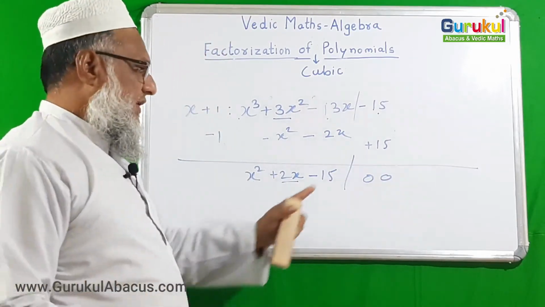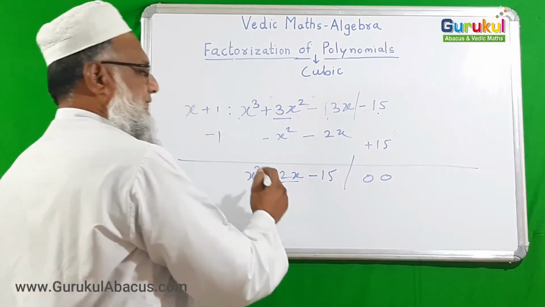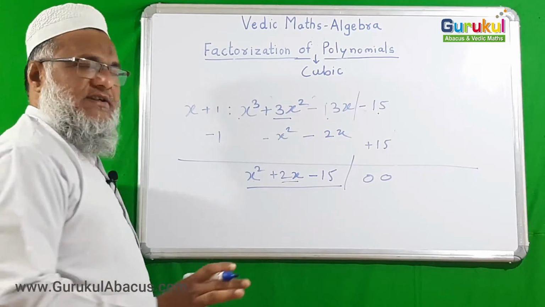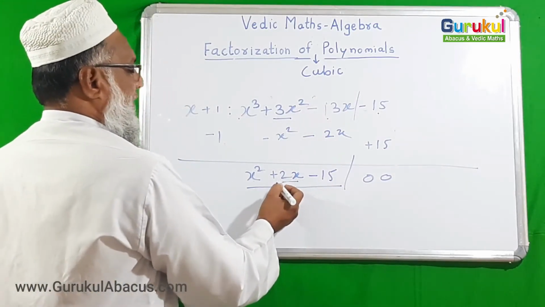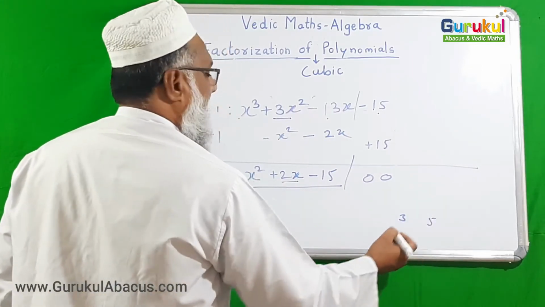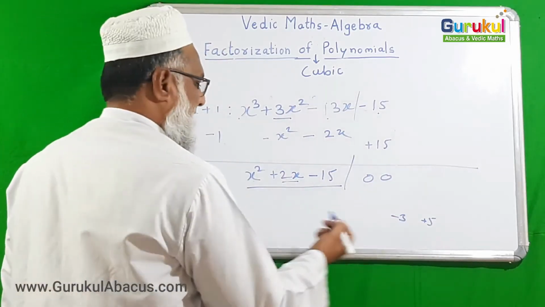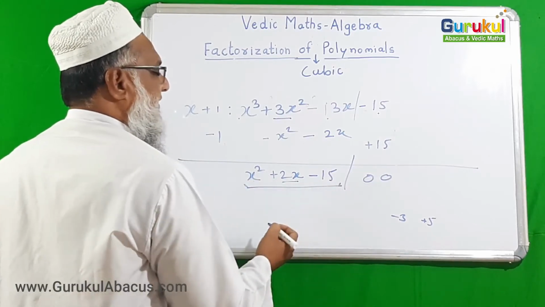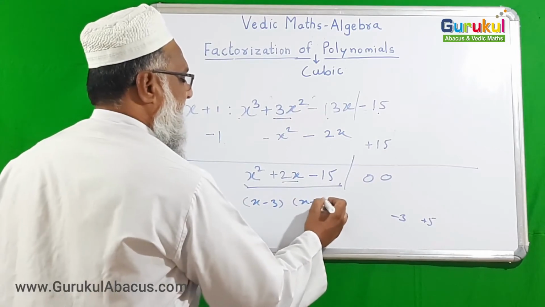If the remainder comes 0, now just see what factors have been hidden in this. So minus 15 turns into plus 2 terms, and if one is plus and one is minus, then it is 3 and 5. So look here, this polynomial's factors are x minus 3 and x plus 5.